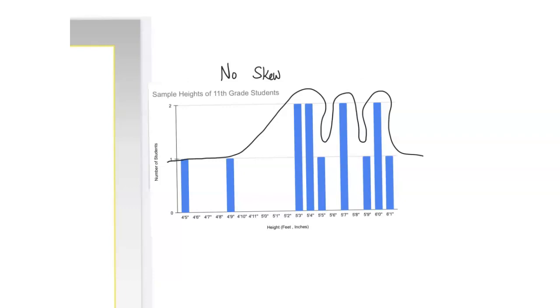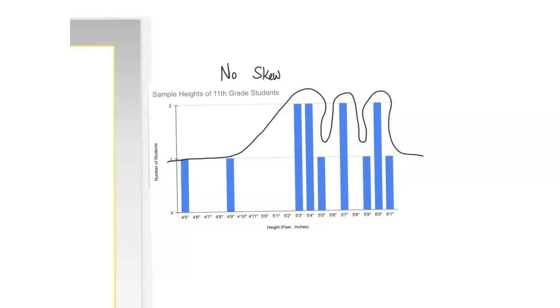But I'd like you to note that if we were to gain more and more data of more students across the 11th grade, or more students across JTHS's 11th graders, or if we widen that, the 11th graders in the city of Joliet, or in the state of Illinois, or in the Midwestern United States, or even the 11th graders across the entire United States, the more and more data that we collect, we will start to actually see that the sample heights are normally distributed.